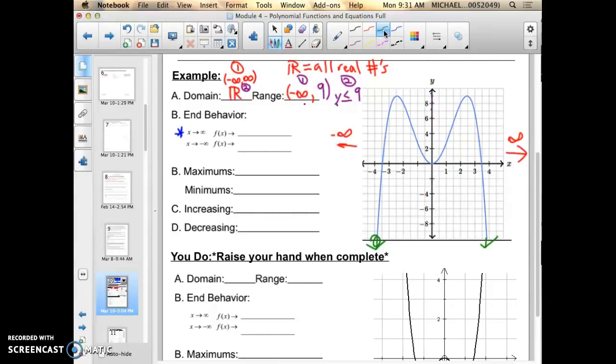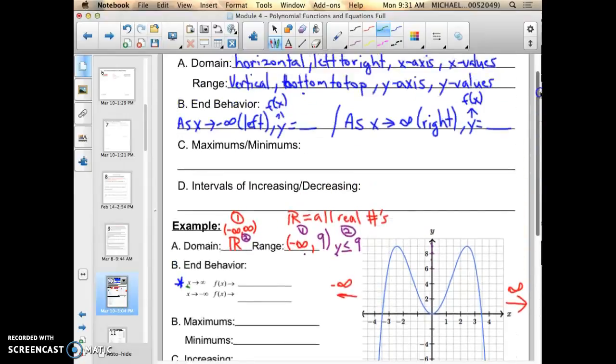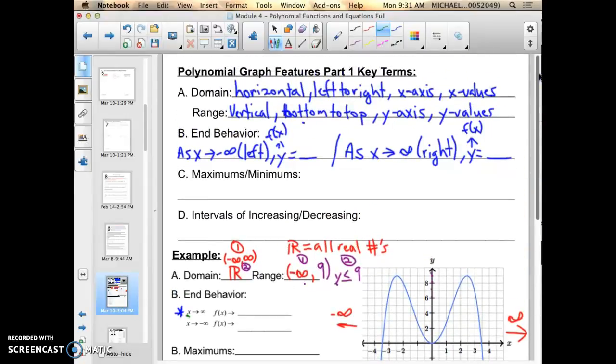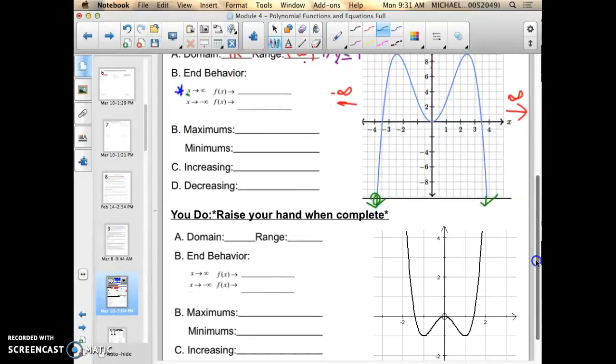So the first one right here is x, the input, approaches positive infinity. I know from our notes that positive infinity is going to the right. So the x values approach positive infinity. What's the output doing? The output is going down.